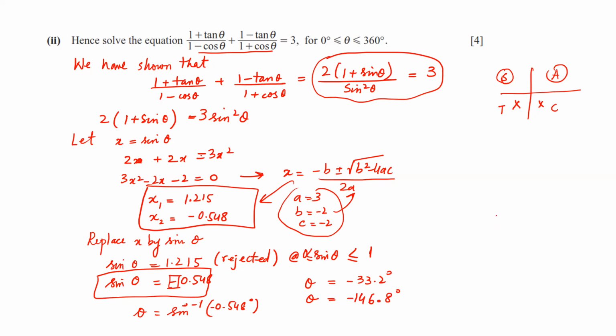Okay, so these are the values of theta. It is going something like this. So this is one angle, this is minus 33.2, and similarly this angle is minus 146.8. If you're going counterclockwise, these angles will be 213.2 degrees and 326.77 degrees.